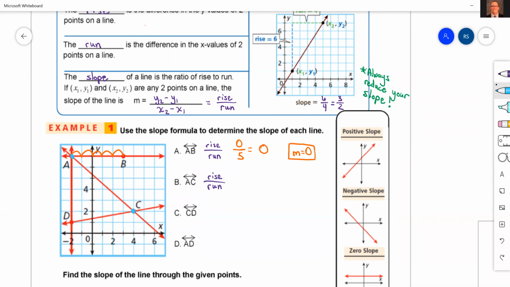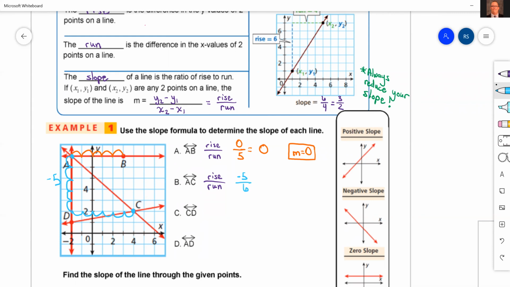So how much do I rise to get from A to C? 1, 2, 3, 4, 5. Since I have to go down, I'm going to say -5 for my rise. And then how much do I run over? 1, 2, 3, 4, 5, 6. Over 6.